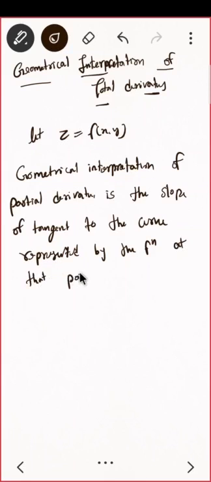Okay, so what does partial derivative represent? It represents the slope of the tangent at that point.